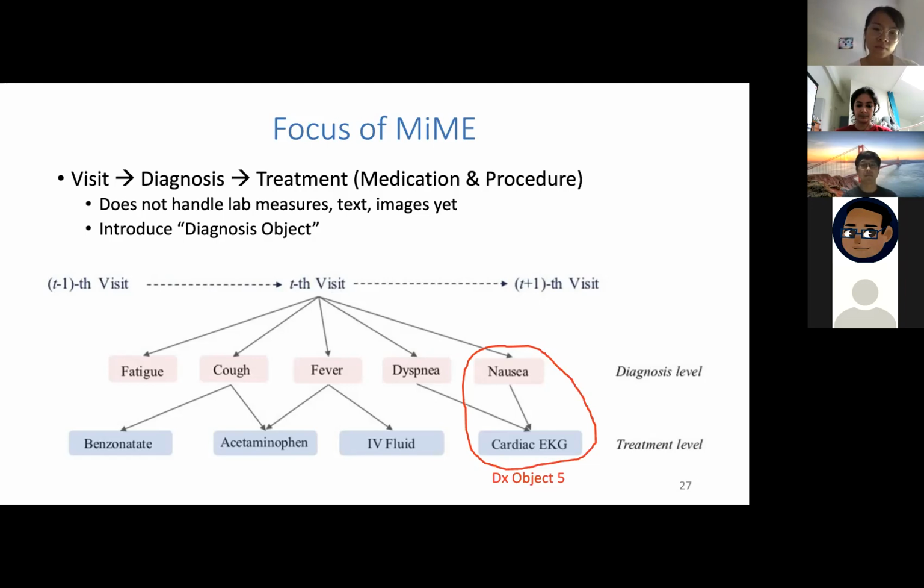It may start at the T+1 visit. Oh, I see. Yeah, because those are the temporal information actually included inside the treatment database. Also, the cardiac EKG may not be performed exactly at the T visit. It's ordered at the T visit, but may be performed sometime afterwards.